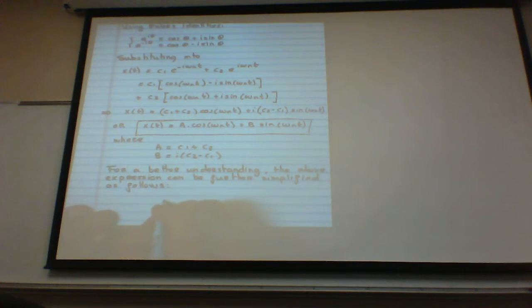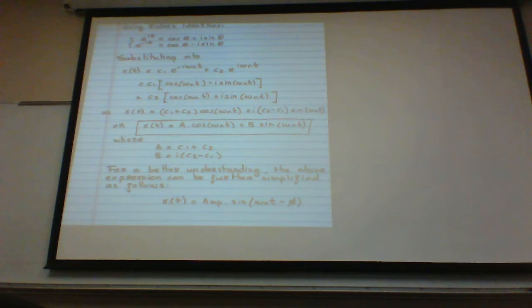So basically the idea is to write the expression x of t as the amplitude times the sine of omega n t minus a phase angle phi. So I'm first going to give you the result and then we'll do the proof, okay?